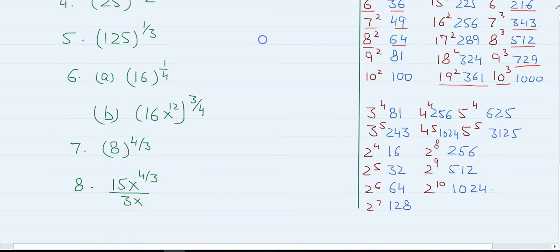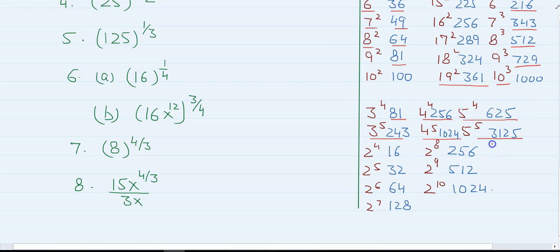Other important numbers to remember are 3 to the power 4, 3 to the power 5, 4 to the power 4, 4 to the power 5, 5 to the power 4, 5 to the power 5. You need not remember these numbers, but you should have an idea. If somebody is talking about 81, then it may be the square of 9 or maybe any power of 3.